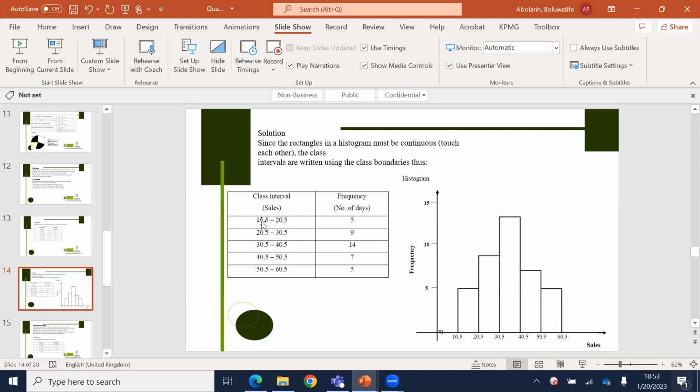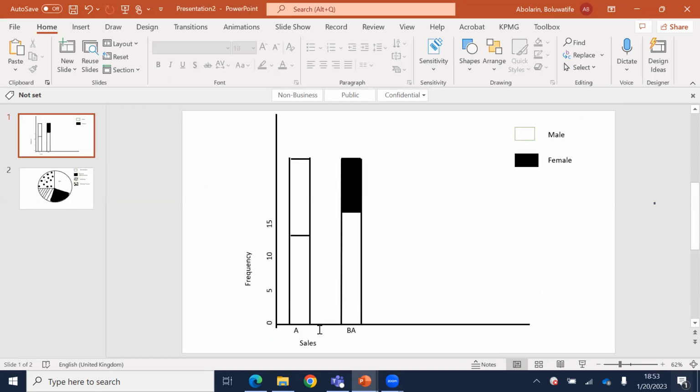I start from 10.5 here, then you come to 20.5, then you go down. So that is where they are getting all this from. So let's start. Let me change my own here. 10.5.